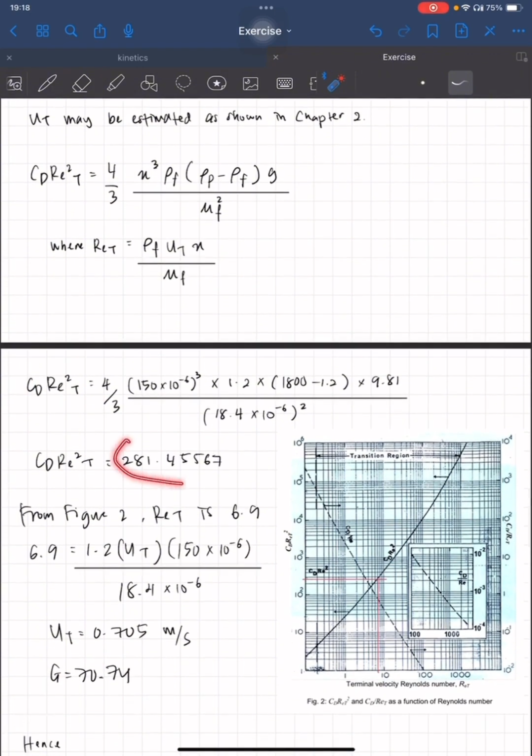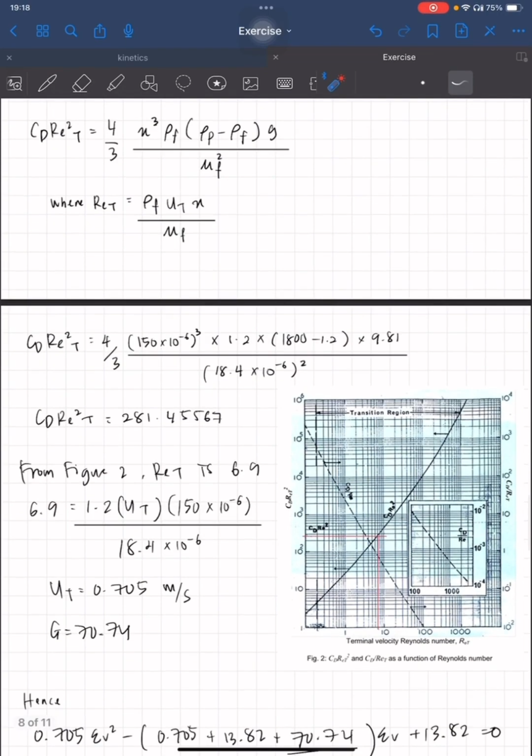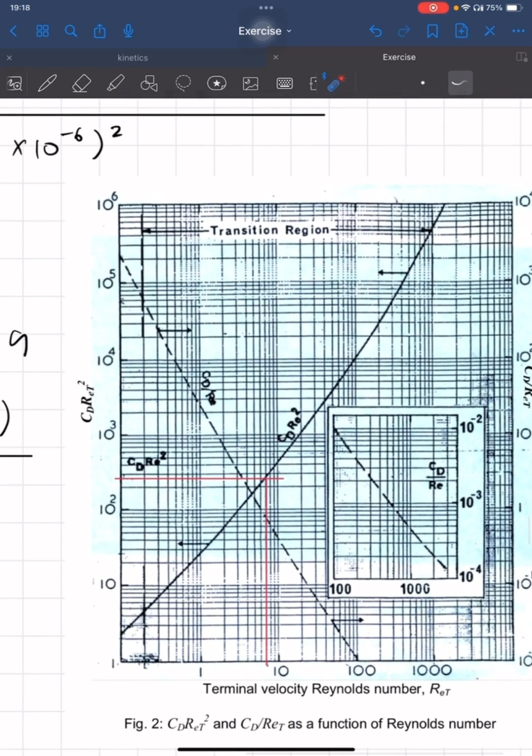Then we obtain the value of 281.45, and from this figure the value 200 something is here. Then I drag the line along the graph until it intersects with the curve of CD Re squared.